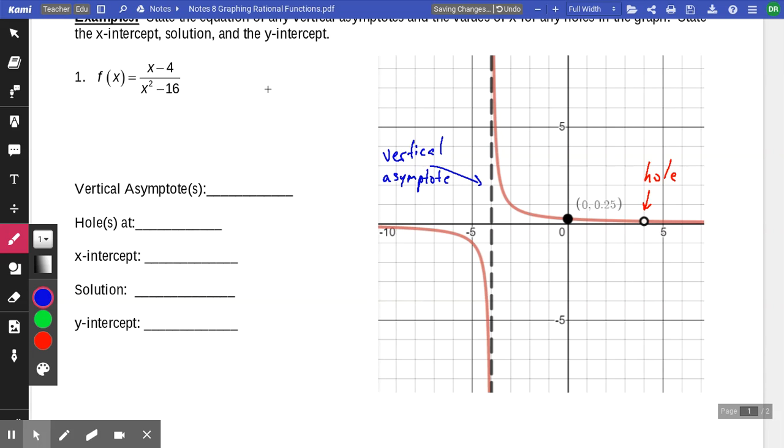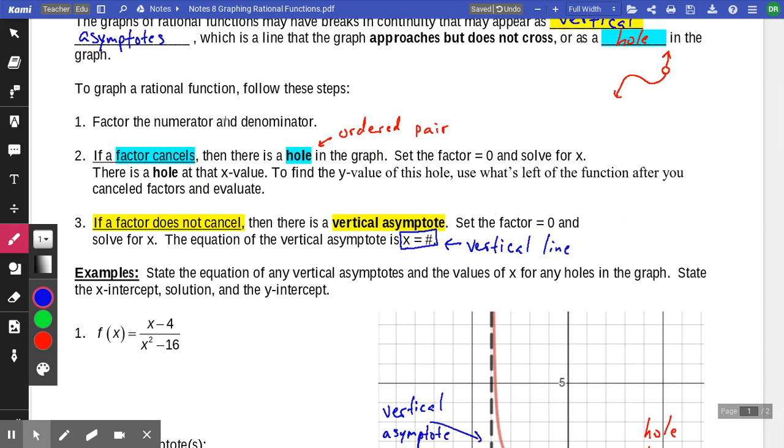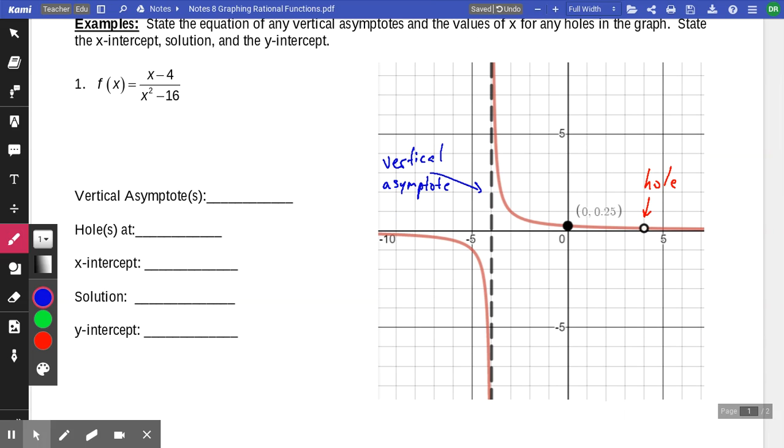So if you recall, the steps that we said were step 1, factor your numerator and denominator. Factor everything you can. Your numerator here just says x minus 4. We could think about that for a second, and we're going to realize there's nothing we can do about x minus 4, so we'll leave it the same.